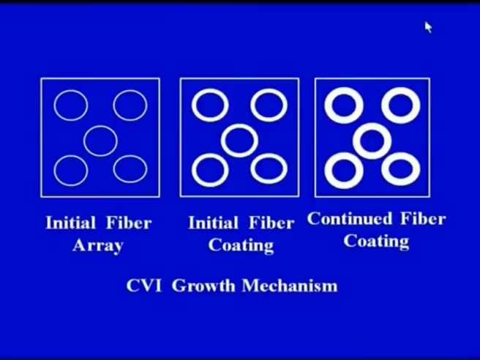So we can see this is the initial fiber array, which has a porous structure. Then initial fiber coating by the material being deposited from the gaseous reactants, and continued fiber coating. So we are increasing the diameter of the fiber, the coating is taking place all around the fibers, the density of the composite is increasing and the porosity is reducing.